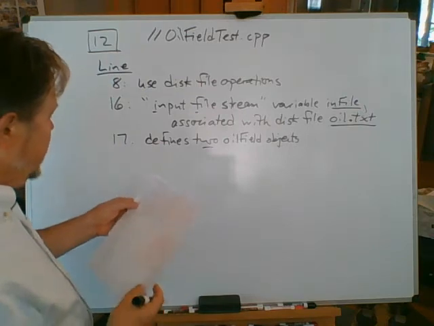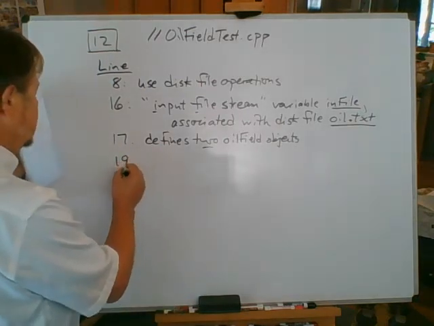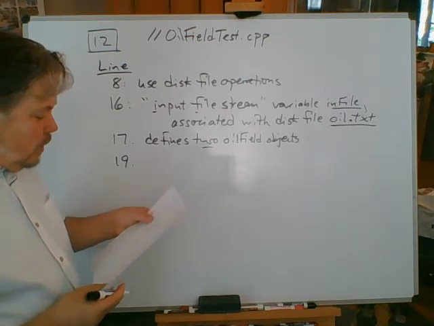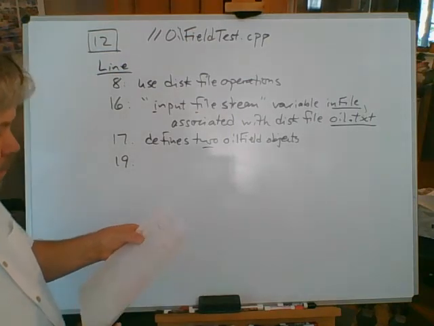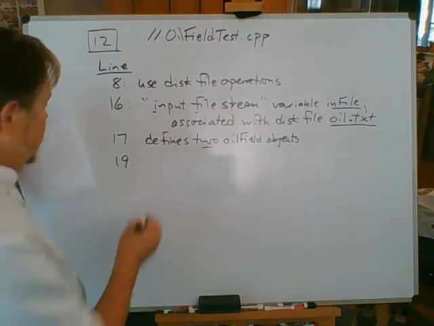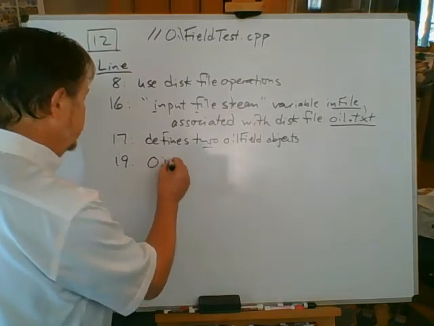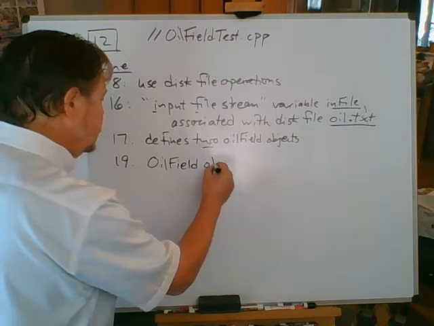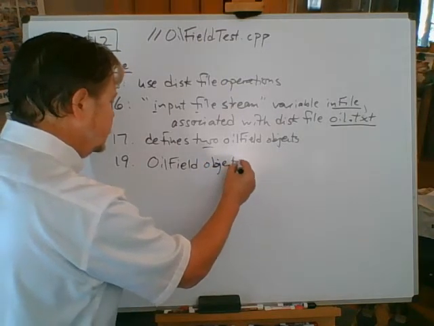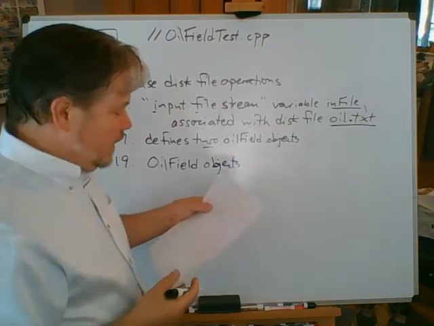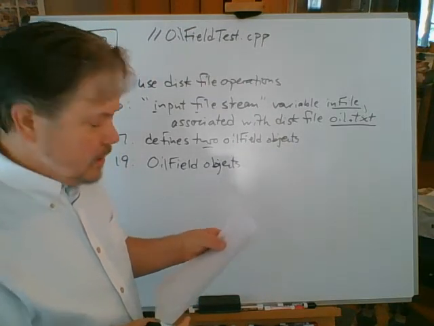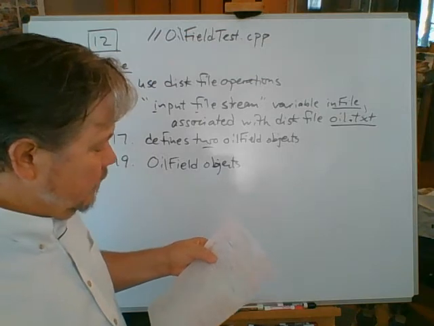I'm in a loop, so I'll move on. Speaking of loops, how about line 19? Line 19, while oil field dot read. Well, here's a couple of things in here. Apparently, the oil field objects, I'm reverse engineering this because we can't see any of this yet. All this stuff is buried down in our header and implementation file.